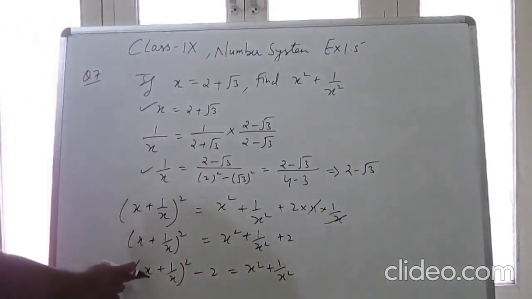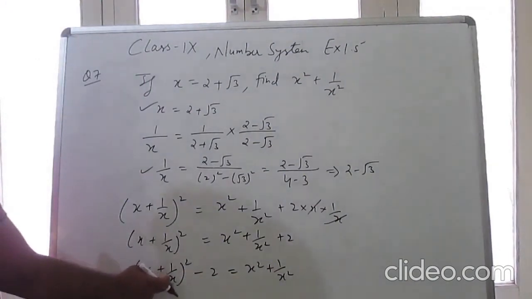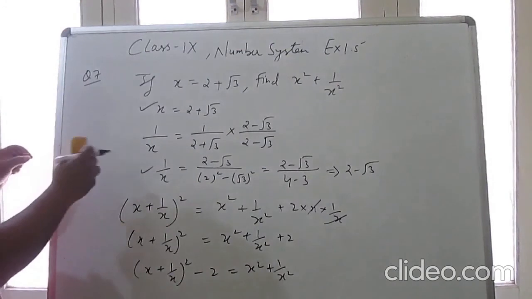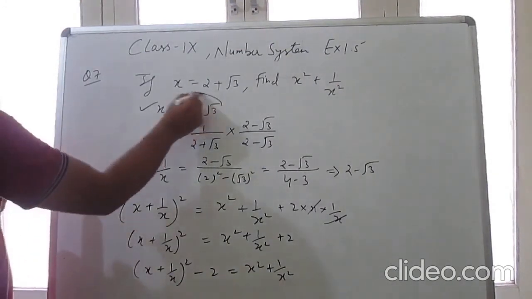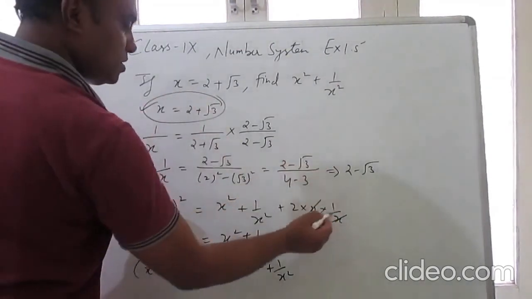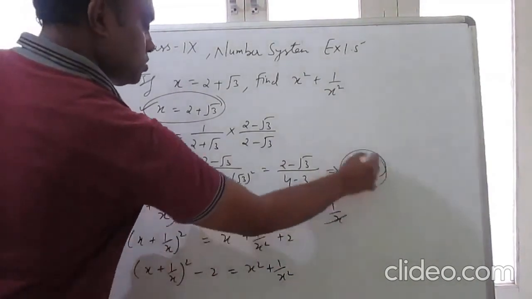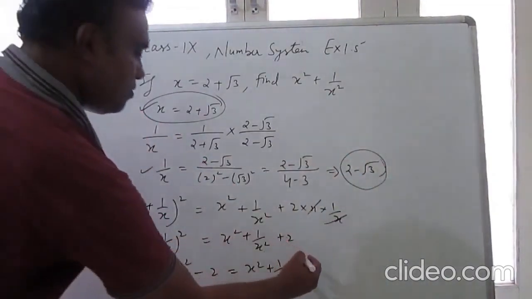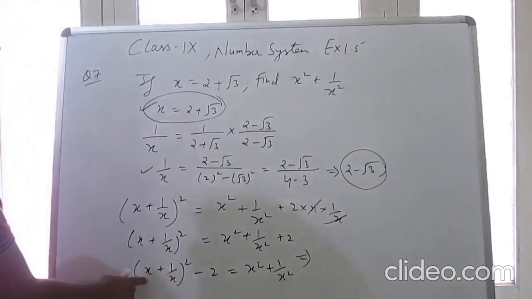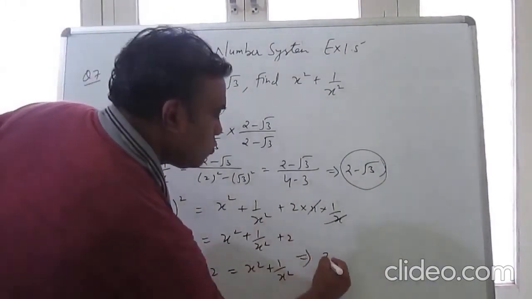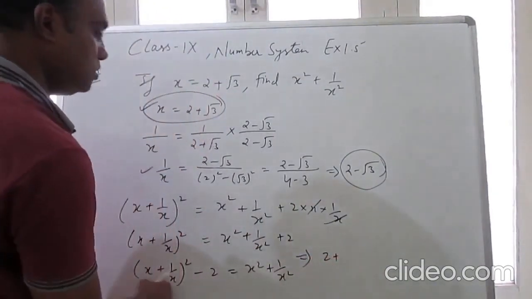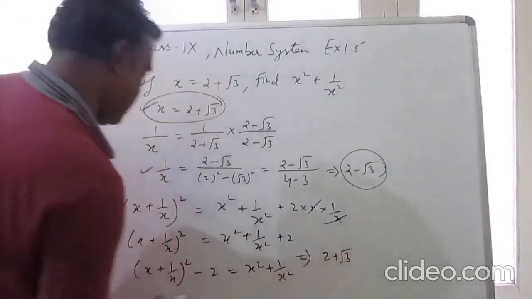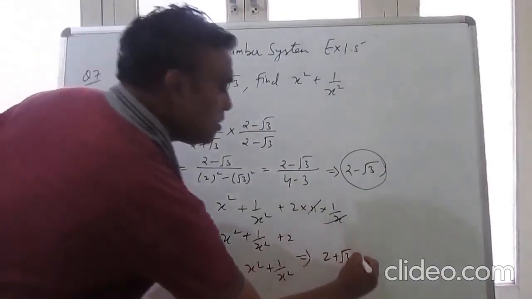Now we know x and we know 1 upon x, so I put the values in here. What is x? 2 plus root 3. What is the value of 1 upon x?